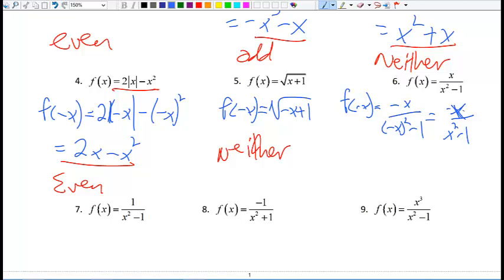So we have a fraction that has the same number except the sign is the exact opposite. So this is a situation where f of negative x is the exact opposite of f of x. So this would be something that we would call an odd function.